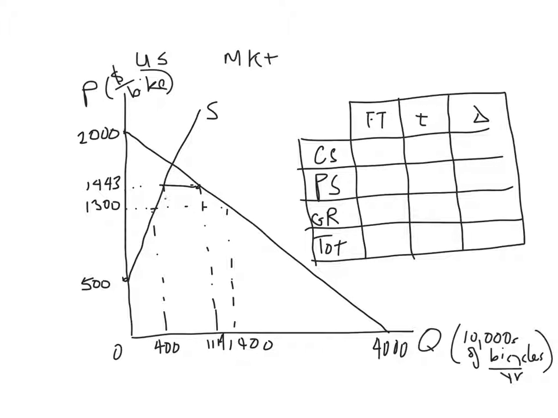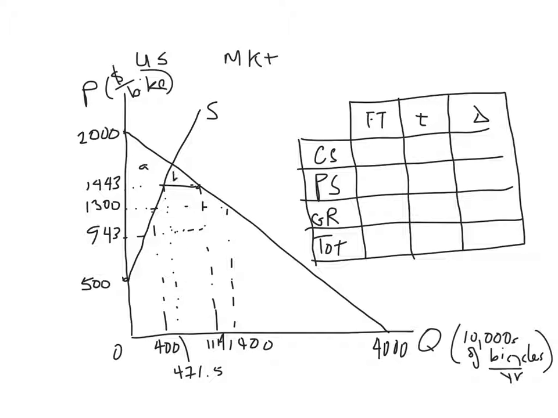And the quantity produced at home rises to 471.5. And then the price that's actually paid to international sellers falls to 943. So now we're ready to do our welfare analysis.